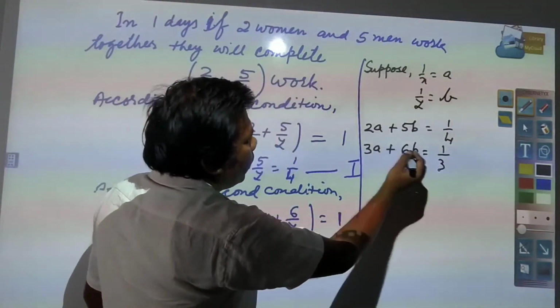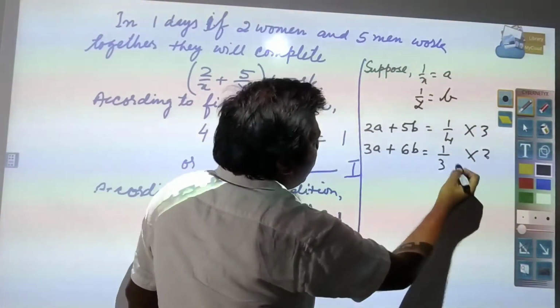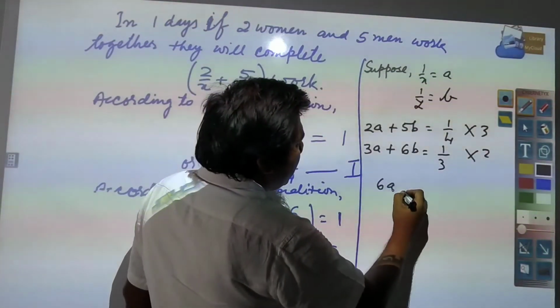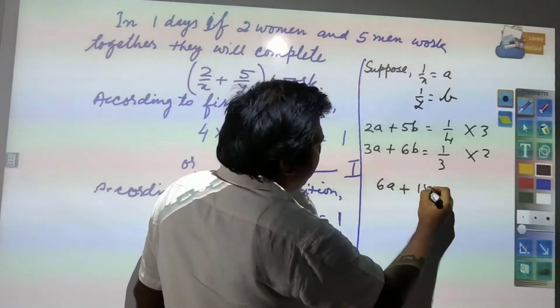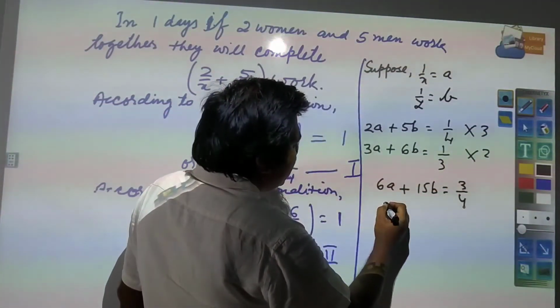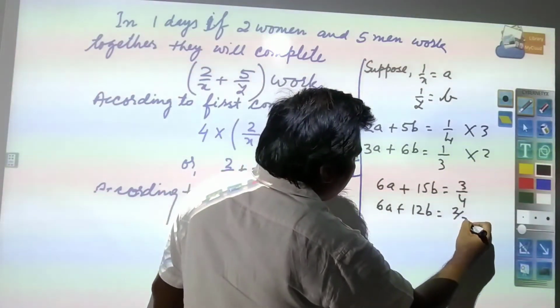Now multiply the first by 3 and the second by 2. So we get 6a plus 15b is equal to 3 by 4, and 6a plus 12b is equal to 2 by 3.